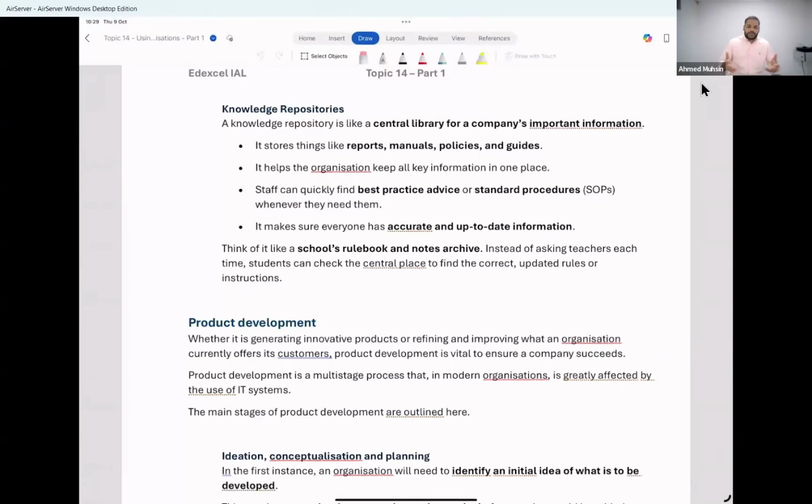It stores things like reports, manuals, policies, guides, rules and regulations. All this information is stored over there. It helps the organization keep all key information in one place. Keep reading it. Staff can quickly find best practice advice and standard operating procedures whenever they need them.